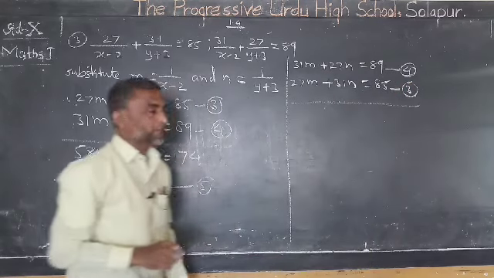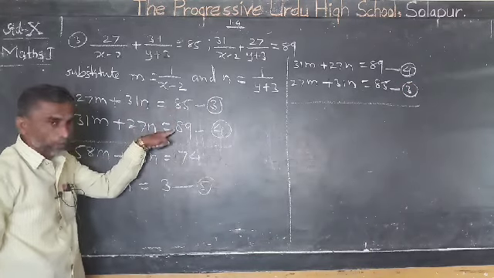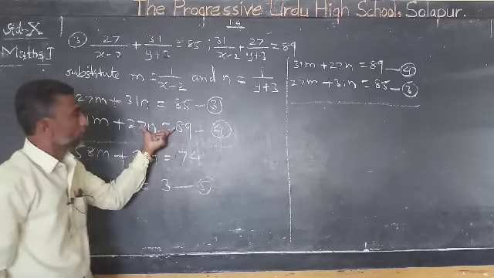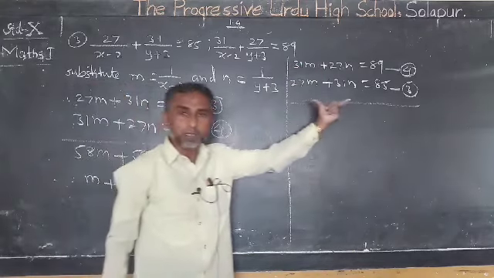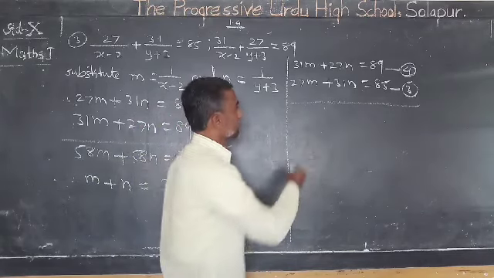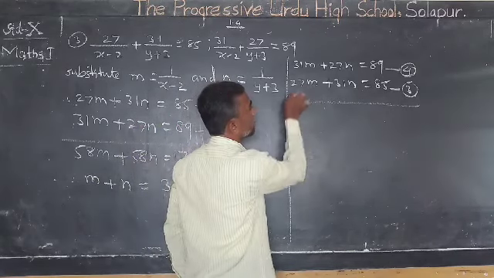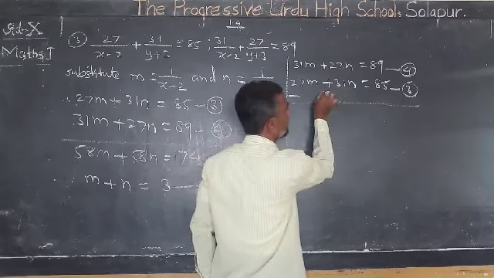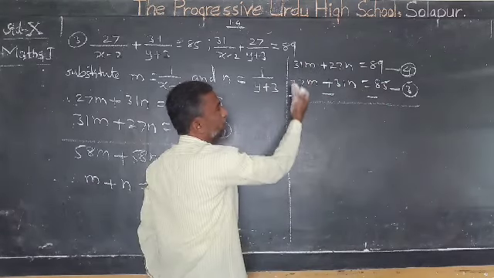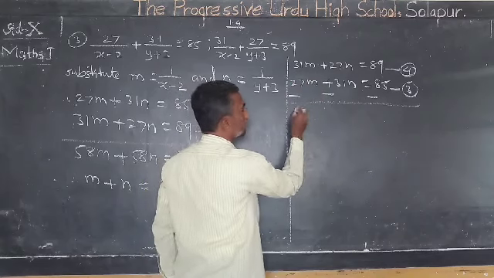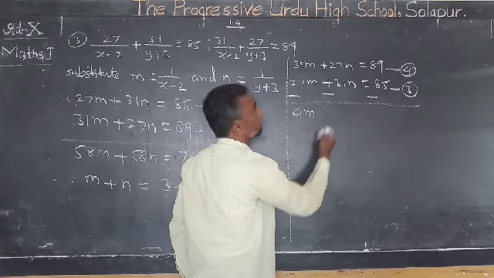Now, I am going to subtract equation number 3 from 4. For that purpose, we have written equation number 4 first, and below it I have written equation number 3. Now, I am going to subtract. Subtract it, the sign will become minus. Plus 31n will become minus. It will also become minus. Now, subtract: 31m minus 27m is 4m.